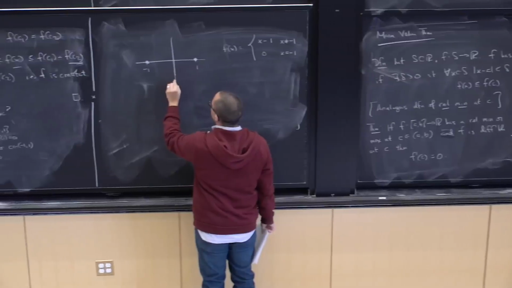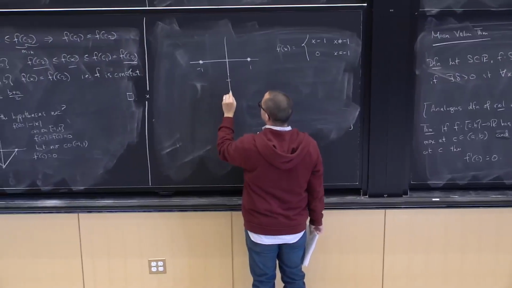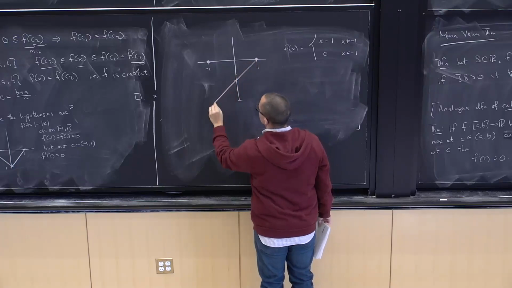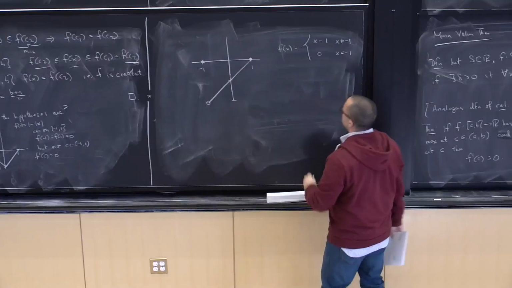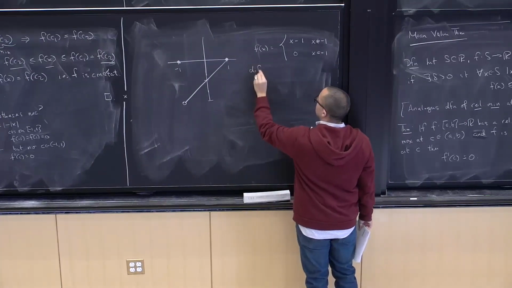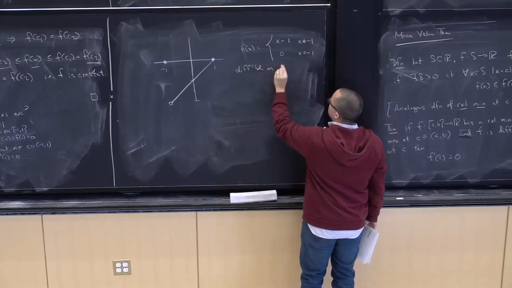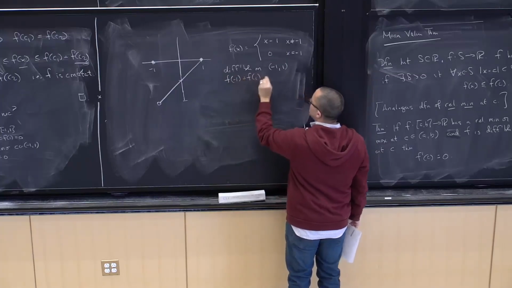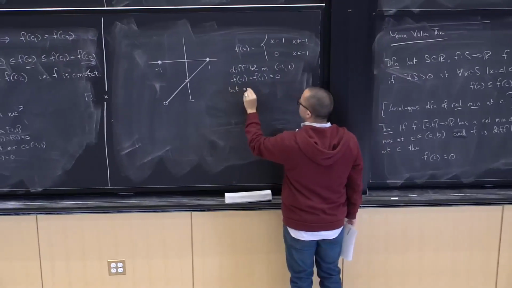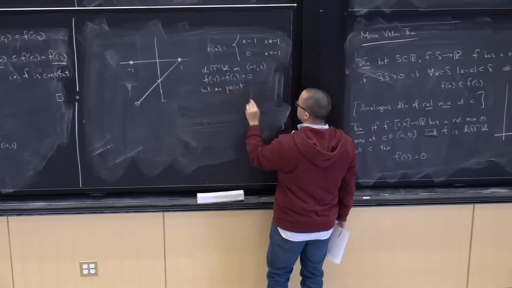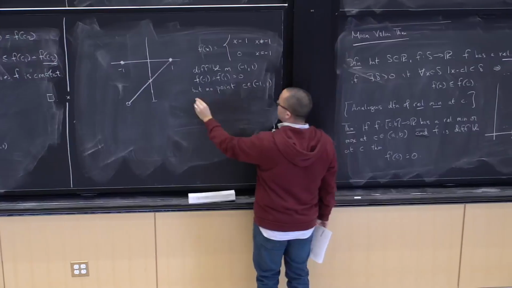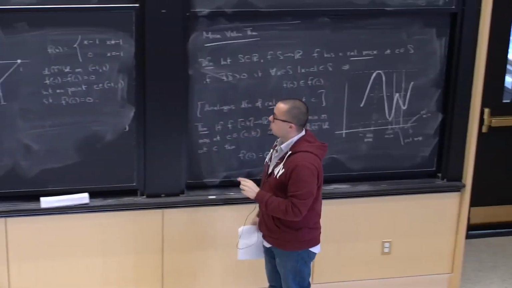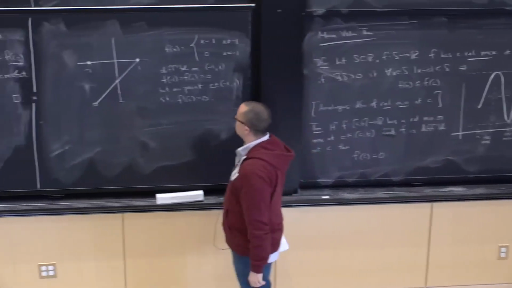So what does this function look like? This function is differentiable on minus 1, 1. F of minus 1 equals f of 1 equals 0. But again, there's no point c in minus 1, 1, so that f prime of c equals 0. Because the derivative in between minus 1, 1 is just 1.